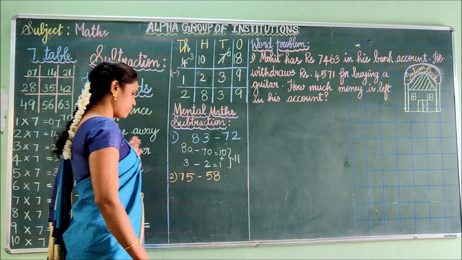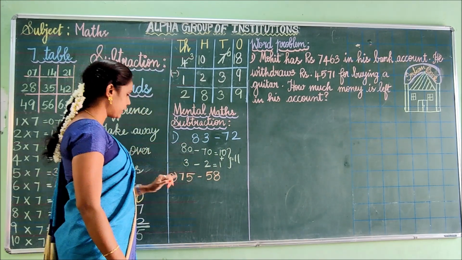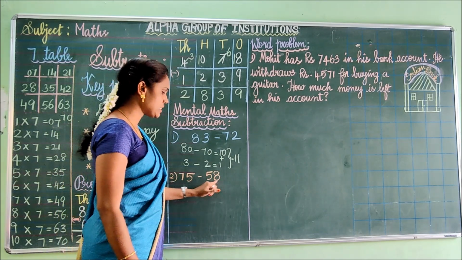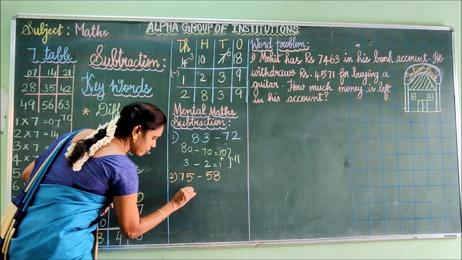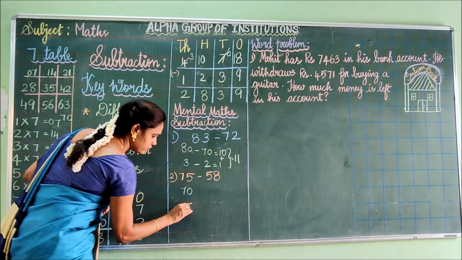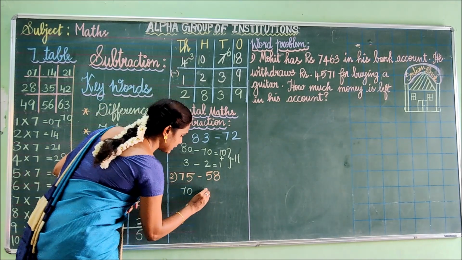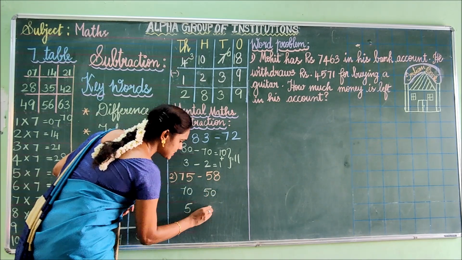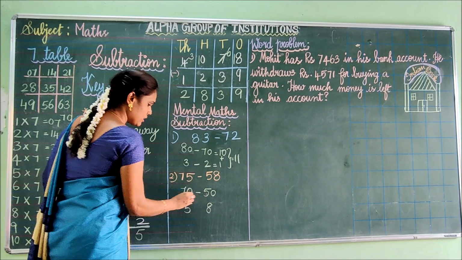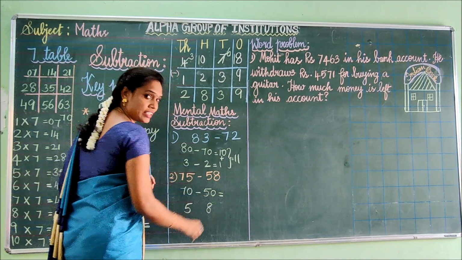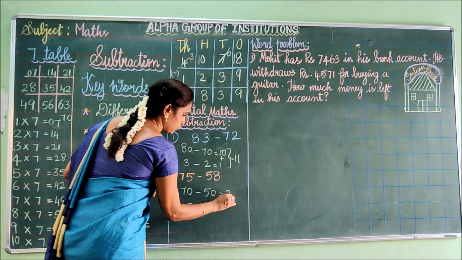Next, shall we move on to the second problem? See here, 75 minus 58. 75 can be written as 70 plus 5 and 58 can be written as 50 plus 8. So you have to subtract these two. 70 minus 50. What is 70 minus 50? Very good, 20.